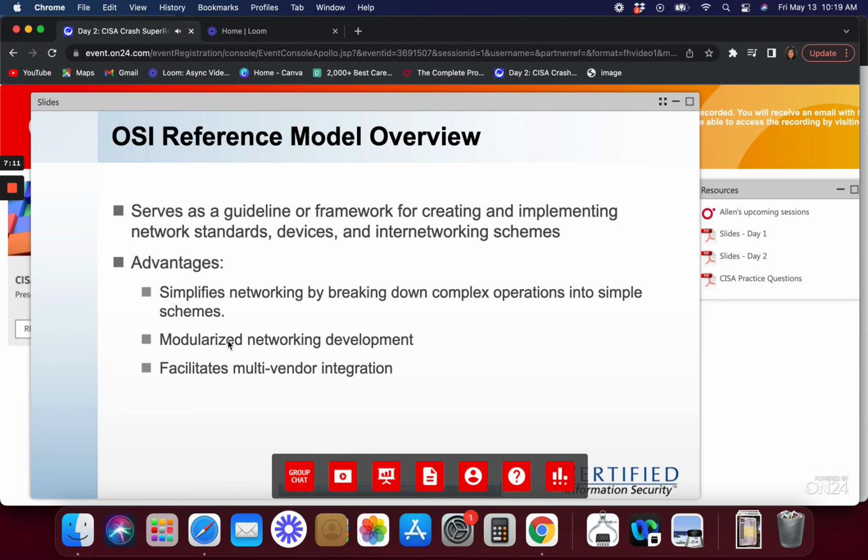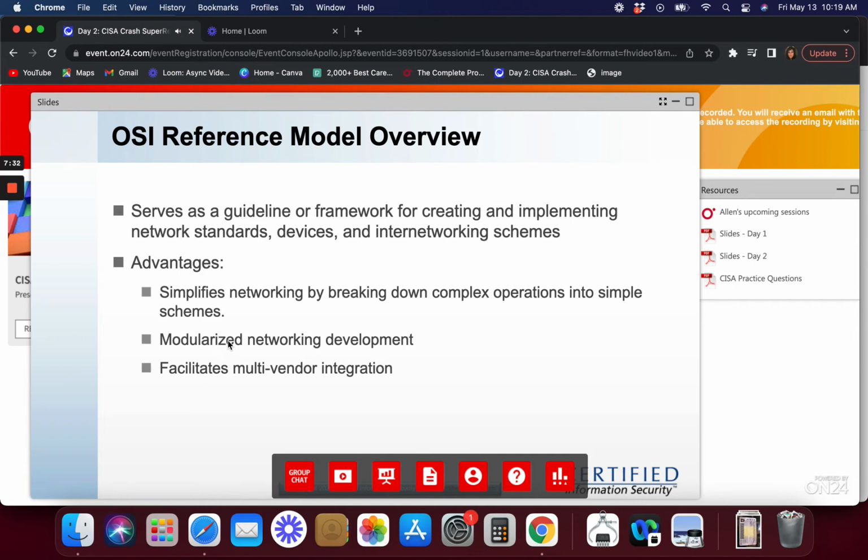There's a process of converting that thought down into electrical impulses, and then from electrical impulses back to the thought. The Open Systems Interconnect reference model describes how to do that through a series of encapsulations.